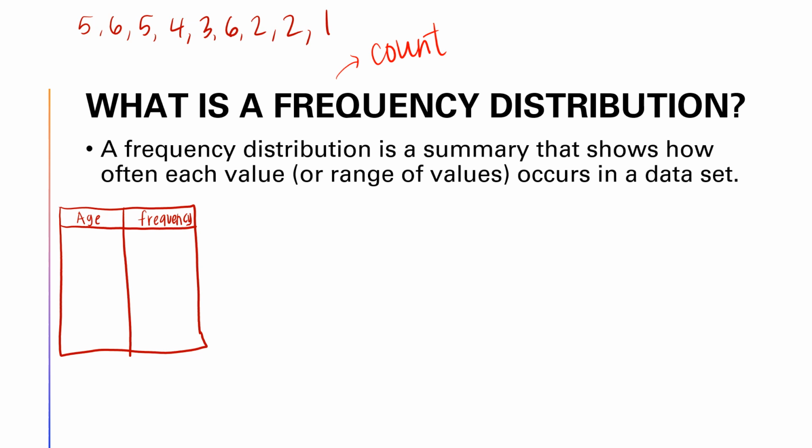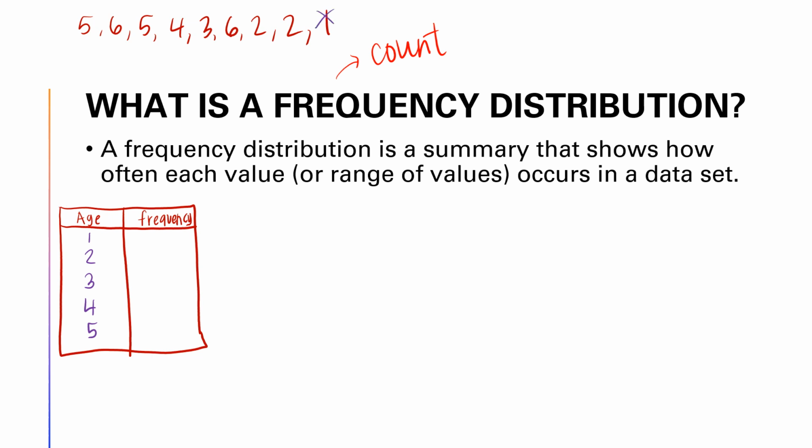and a 1-year-old. When you're constructing your frequency distribution, if you're just doing each value, then you would list out people that are age 1, age 2, age 3, age 4, and age 5. Then for the frequency, you would count up how many times the age 1 occurred.